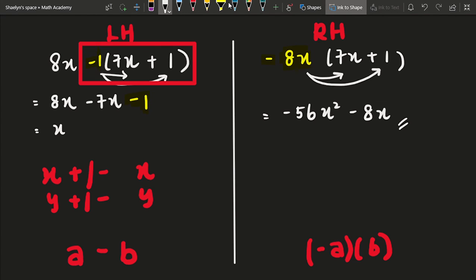And then the -1, we just copy down. Do we have to use x minus 1 to get something new? No, because it doesn't make sense. 1 is a number, x is a variable. They cannot be plus or minus together.